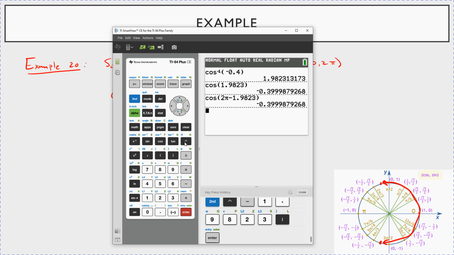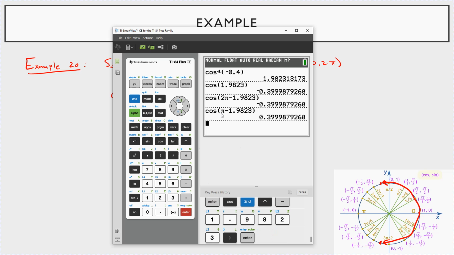And here's another way you can cheat if you don't know. Should it be pi minus this? If you just try pi, you'll notice you get positive, so it can't be that. Then the next one to try would be 2 pi, and so on. That's another way you can use your calculator to help you figure out whether it's 2 pi minus my value, and so on. It's always going to depend on the problem.